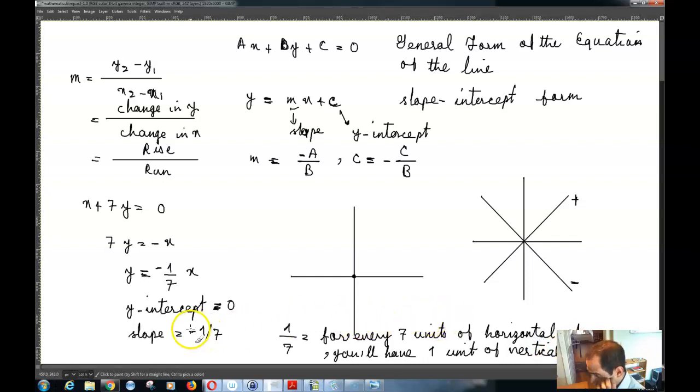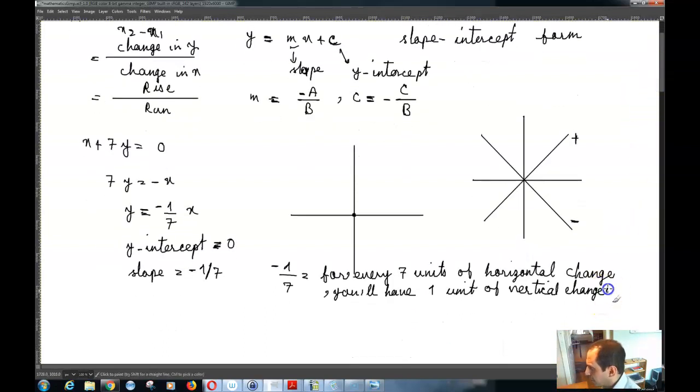And since the number is negative, that means that you will have 1 unit of vertical change in the negative y direction.